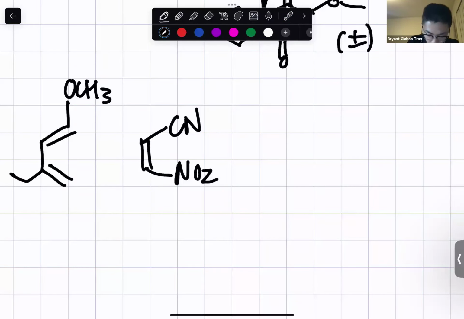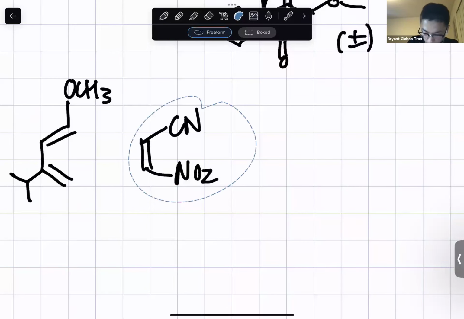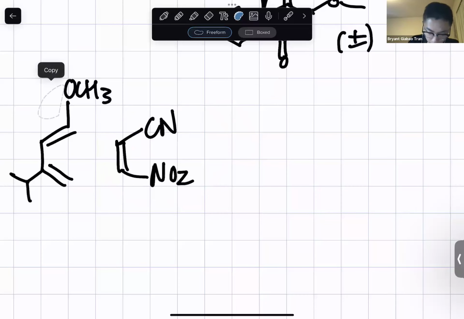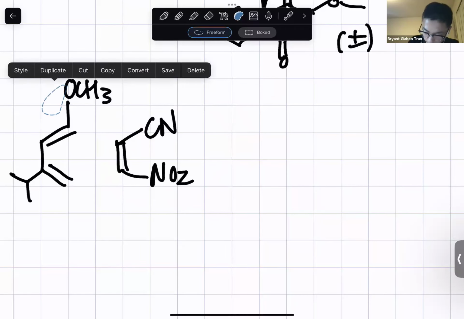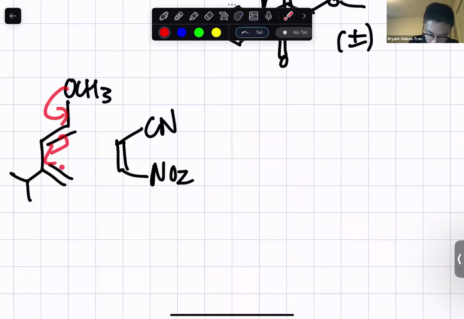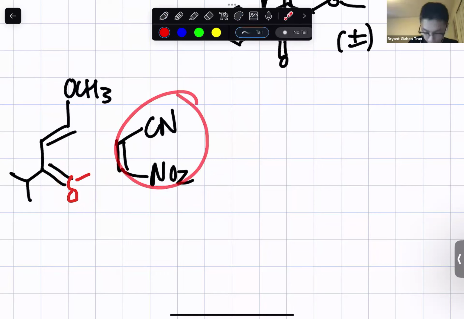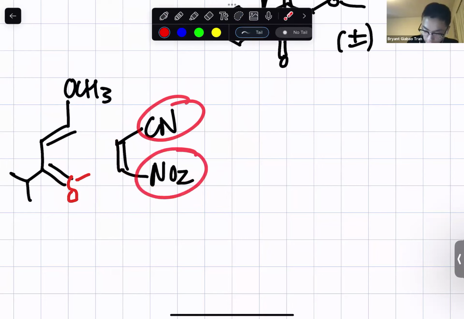So we know that if this is our diene right here, this EDG will push electrons down all the way to give that carbon there a partial negative charge. So we know that's the negative charge of this diene right here. But for the dienophile, right, we have two EWGs here.